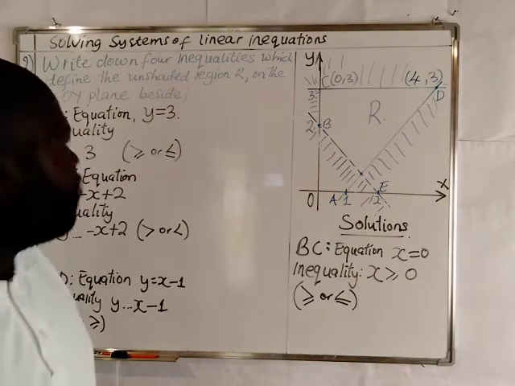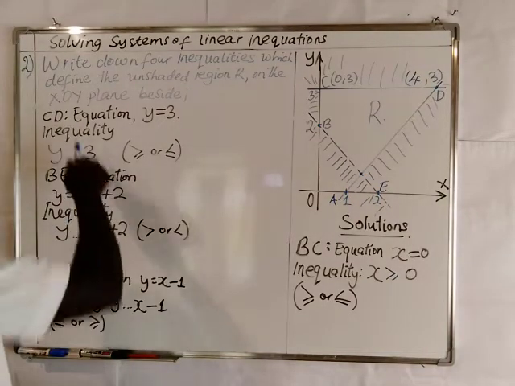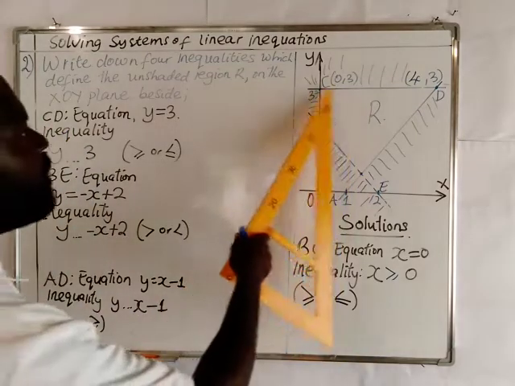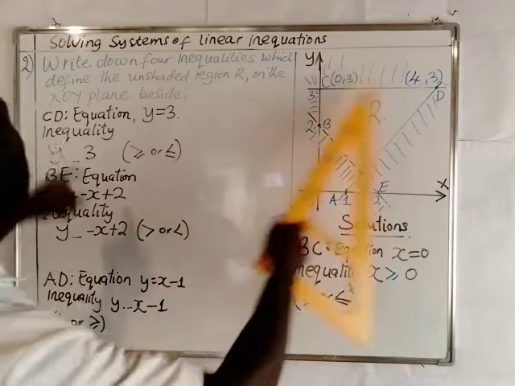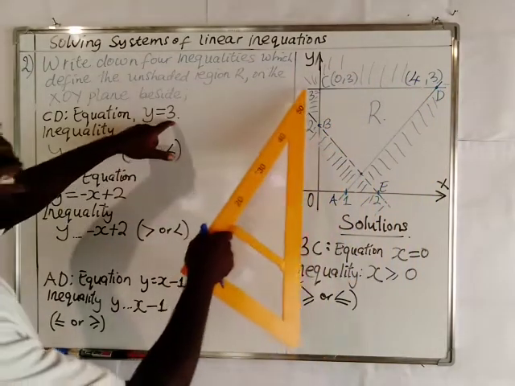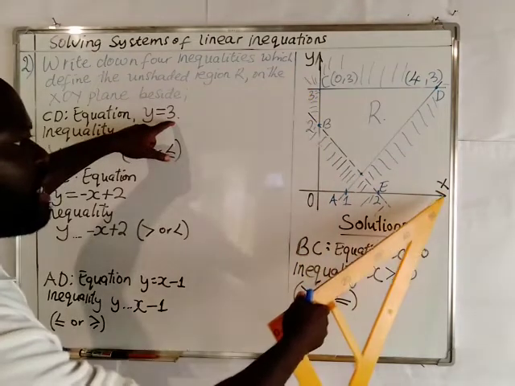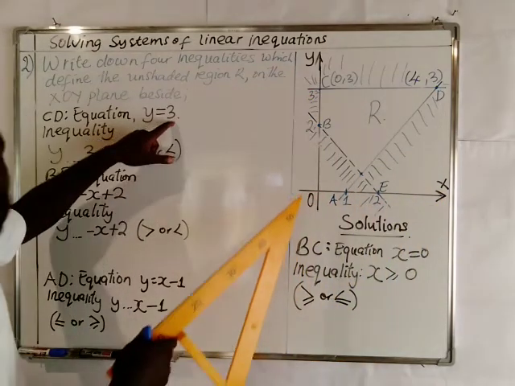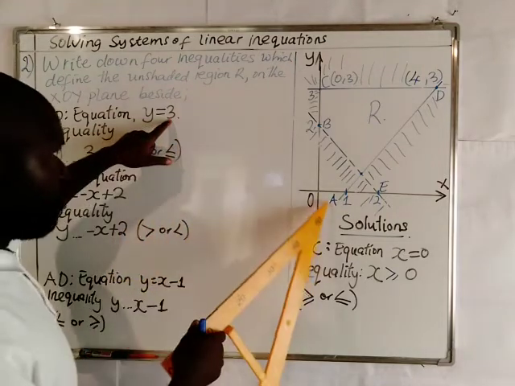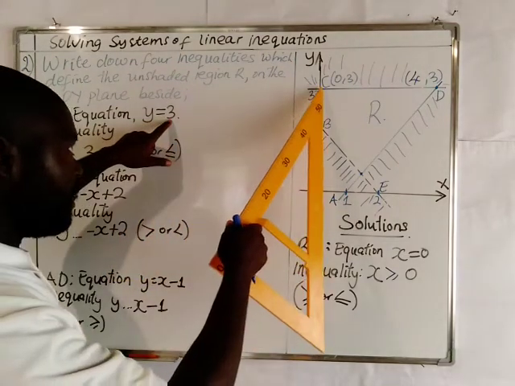Moving on to the next inequality, for CD. The equation for CD is y equals 3. As you can see, this line is parallel to the x-axis. When a line is parallel to the x-axis, its equation is in the form y equals where it meets the y-axis.